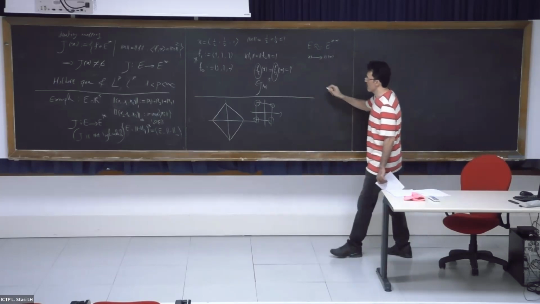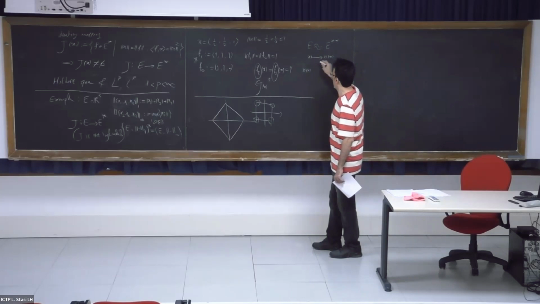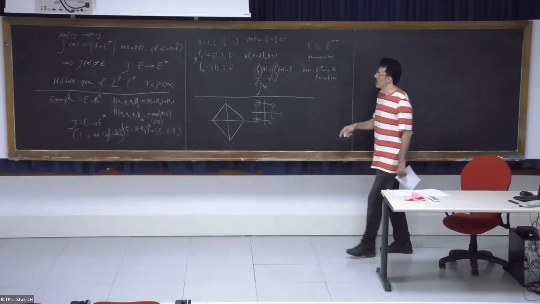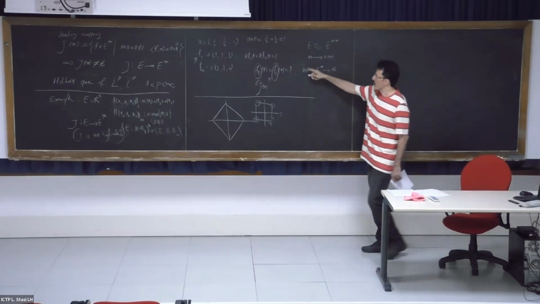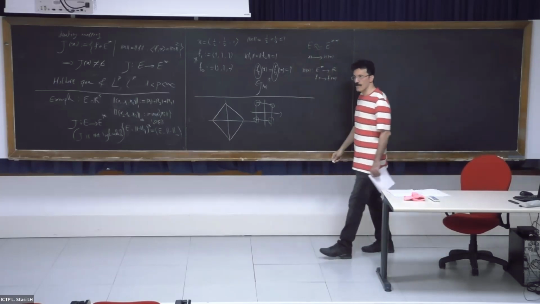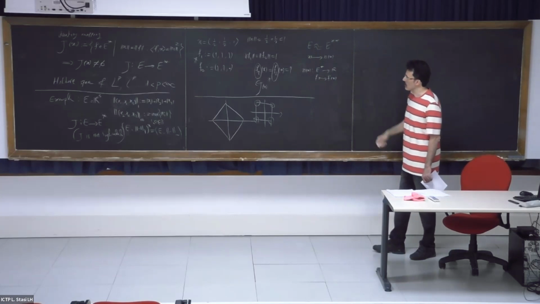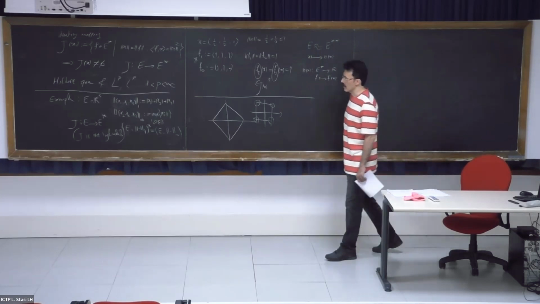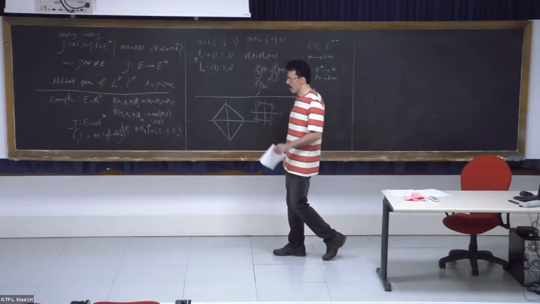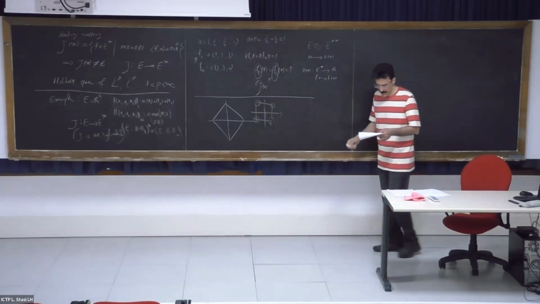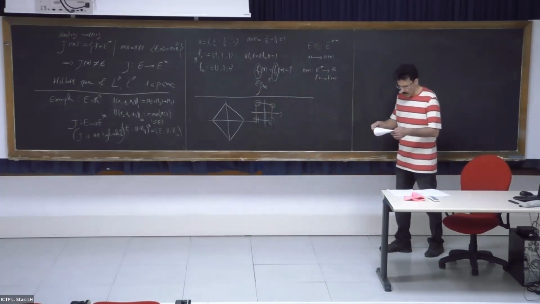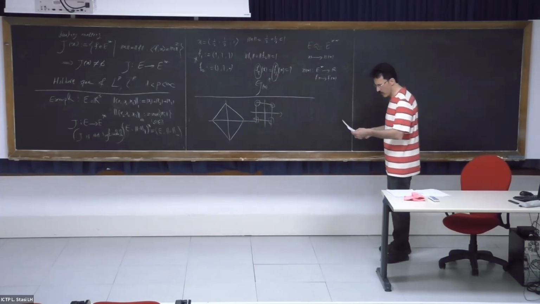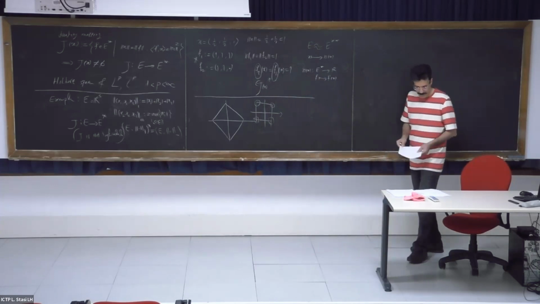N of x is defined on the elements of E star by this F of x. If this N is onto, then the space is said to be reflexive. And for reflexive spaces, it is easy to check something interesting for these properties.